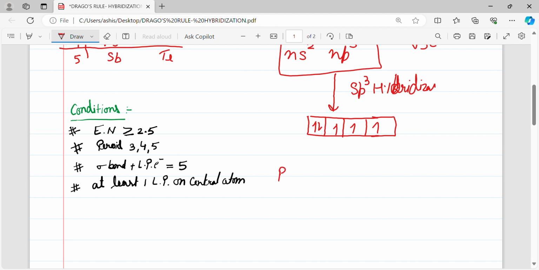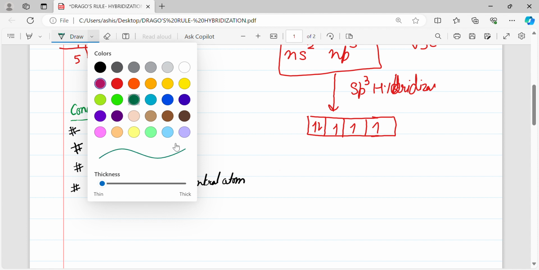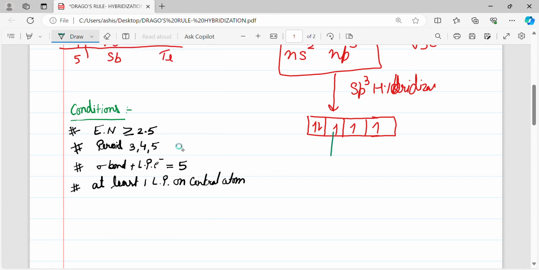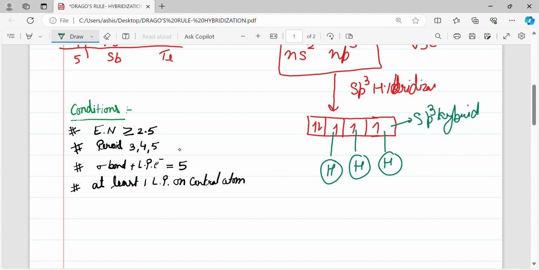That is true. But when we consider the case of PH3, first of all we have to observe how the molecule of NH3 is formed. In NH3, three hydrogens overlap with these three sp3 hybrid orbitals.